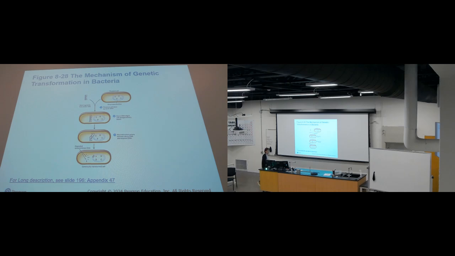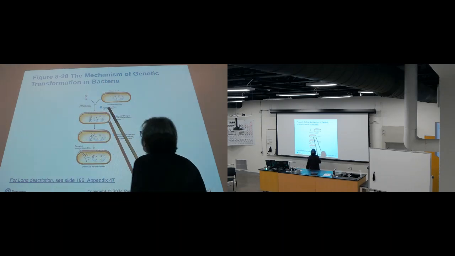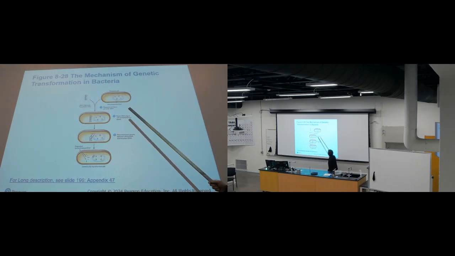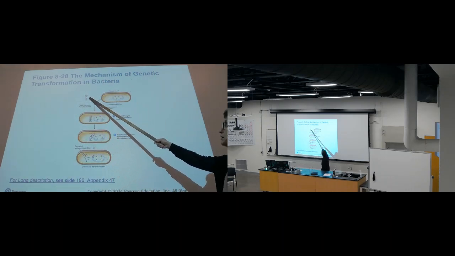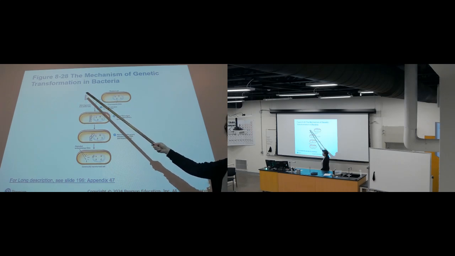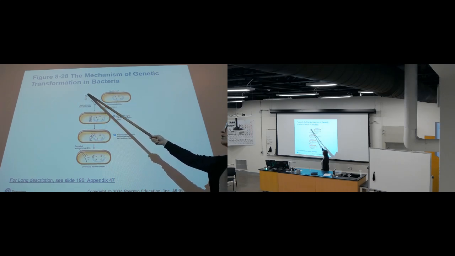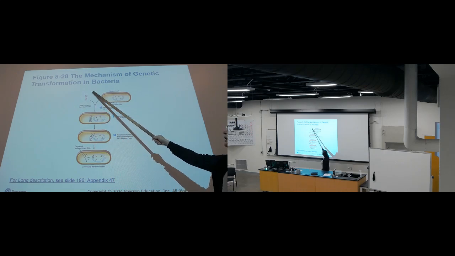So here we have an example of how this transformation happens. Outside the cells we have these DNA fragments from donor cells, bacteria that died and released these fragments of DNA.